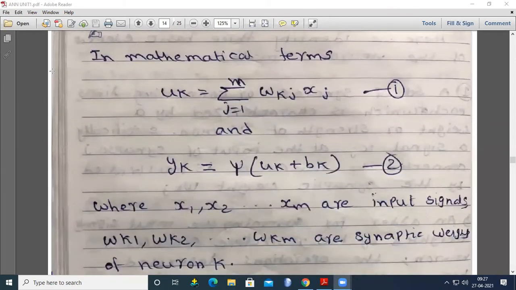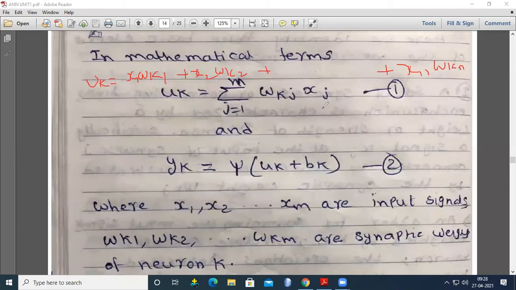In mathematical terms, what is uk? uk means the linear function. uk equals x1 wk1 plus x2 wk2 and so on plus xn wkn.